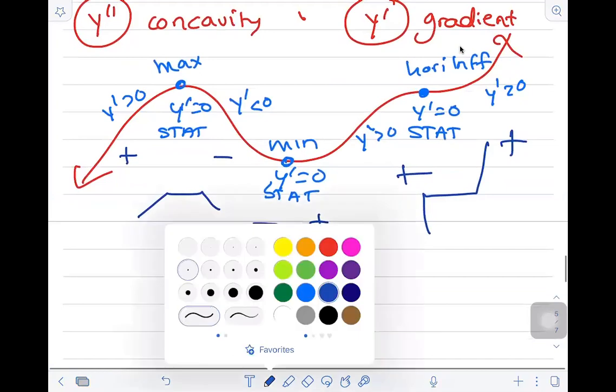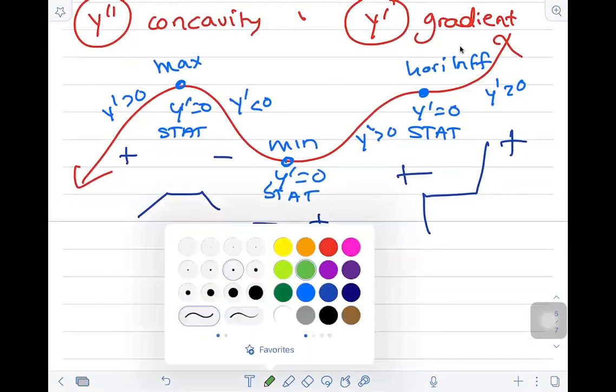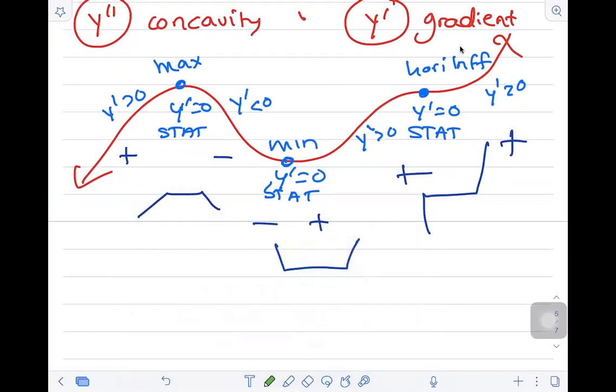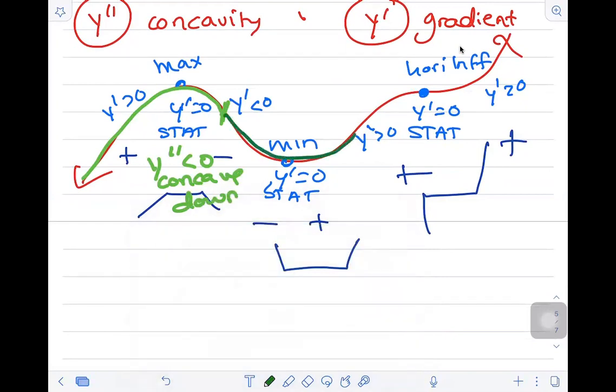If you look on the same graph, and I'm just going to mark this in green, so make it a bit thicker, you can see that all the way along to here, y double dash is less than 0, it is concave down. And then if you look at the next part from here, all the way around to about there, y double dash is greater than 0, concave up.